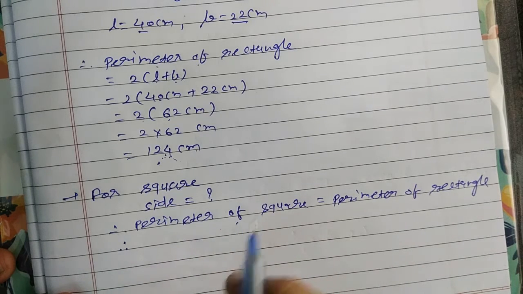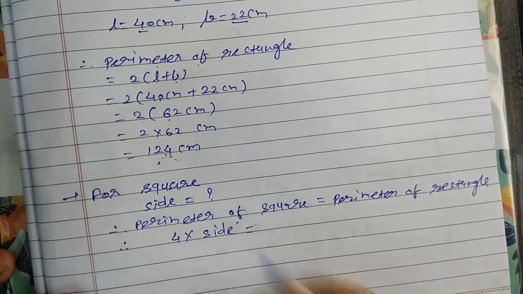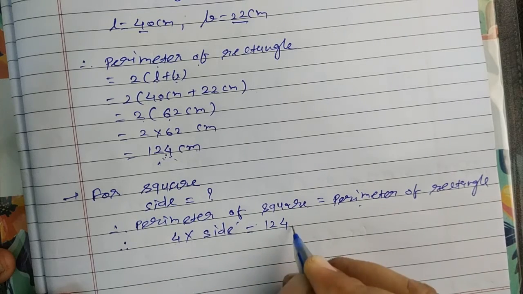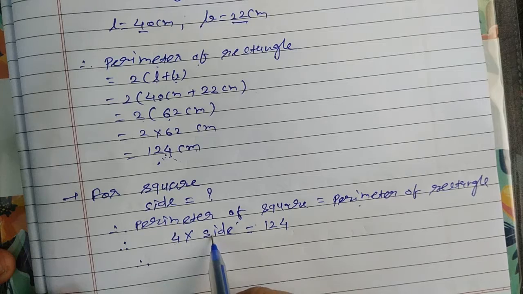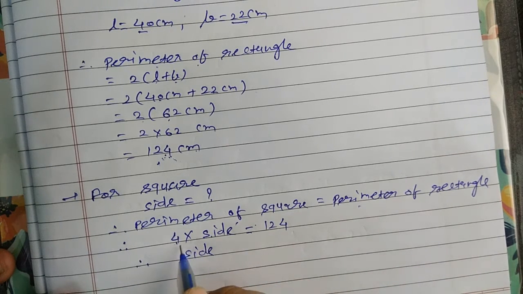We don't know the perimeter of the square, so we will use the formula: 4 multiplied by side is equal to the perimeter of the rectangle, which we have found, that is 124 centimeter. To remove this 4, we will divide the equation by 4.